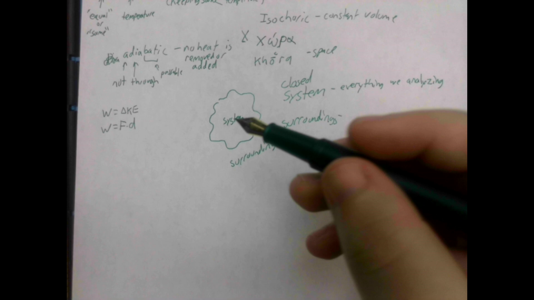We can thus analyze our system and surroundings with the following equation. The change in internal energy, and that's supposed to be U, is equal to the heat added to the system minus the work done by the system.